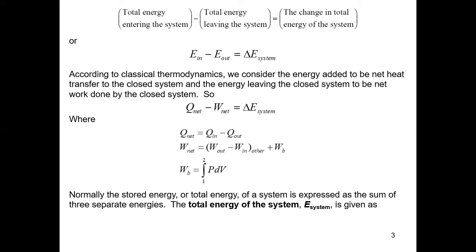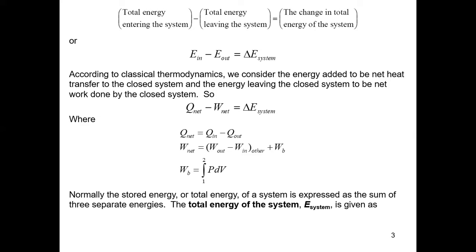So Q net is the energy added as net heat transfer to the closed system, and energy leaving the closed system is W net. So Q net is coming in, W net is leaving out.